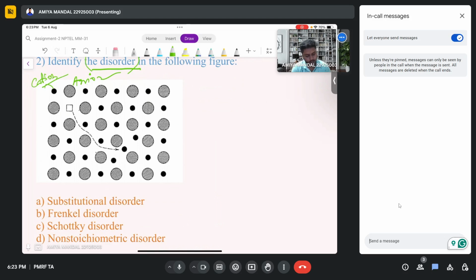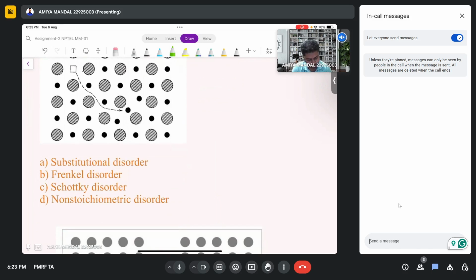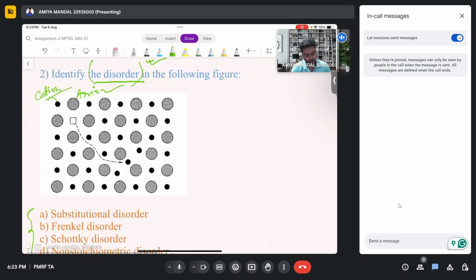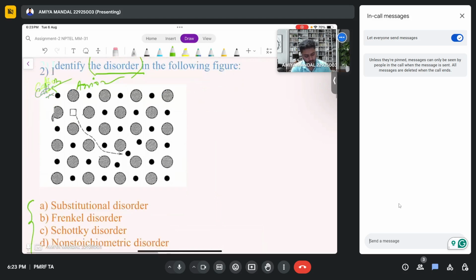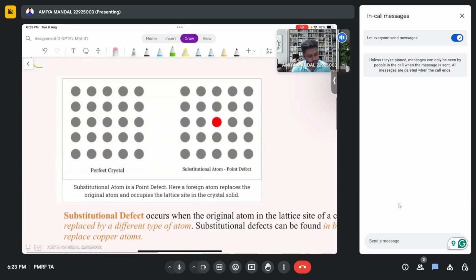Okay, so here four options are given: substitutional, Frenkel, Schottky, non-stoichiometric disorder. You have to learn about disorder. Now you can see, what is the substitutional defect?